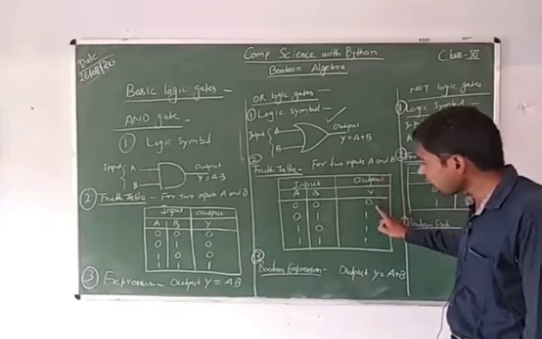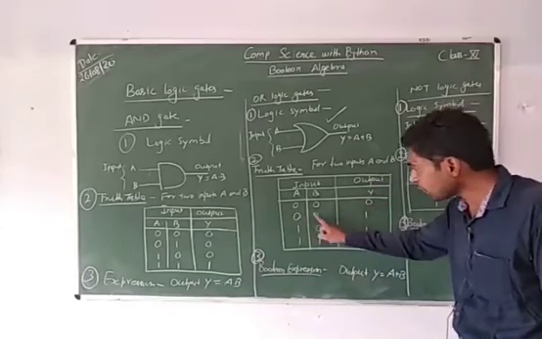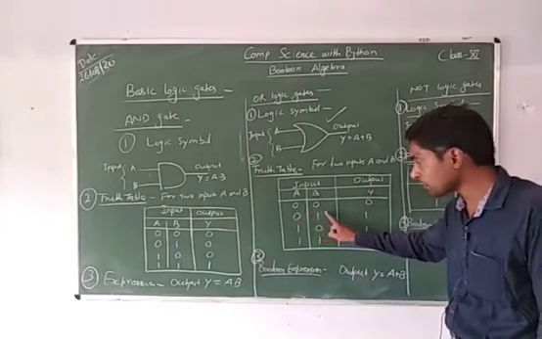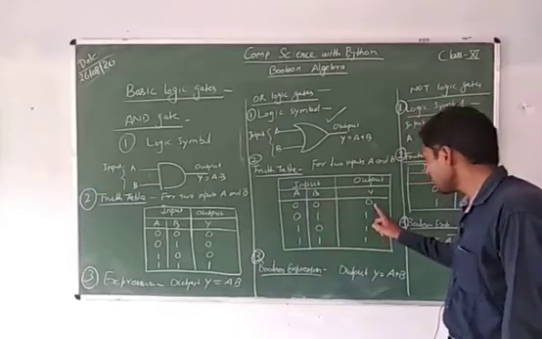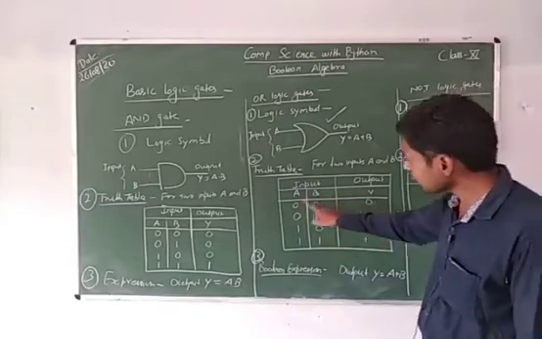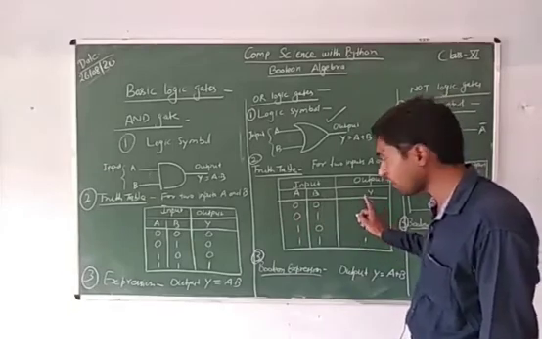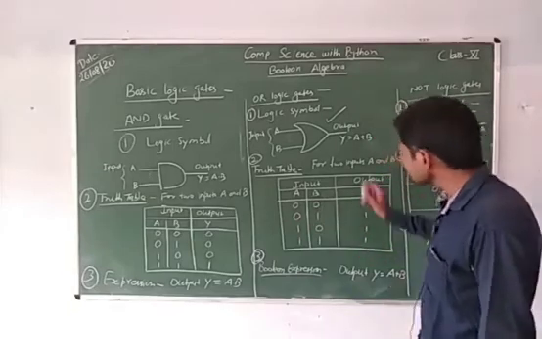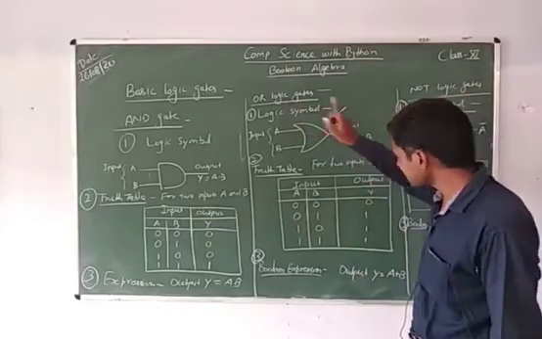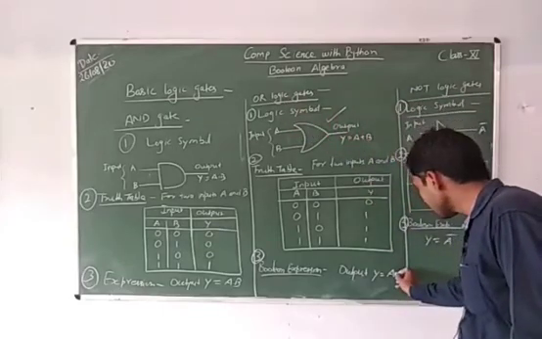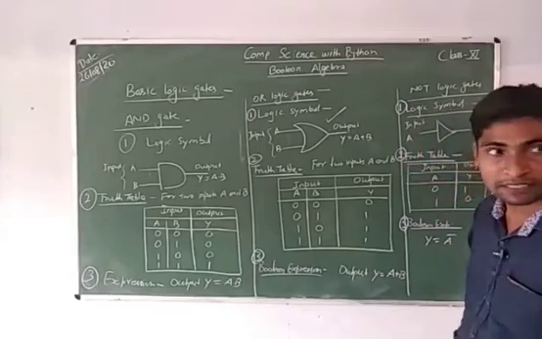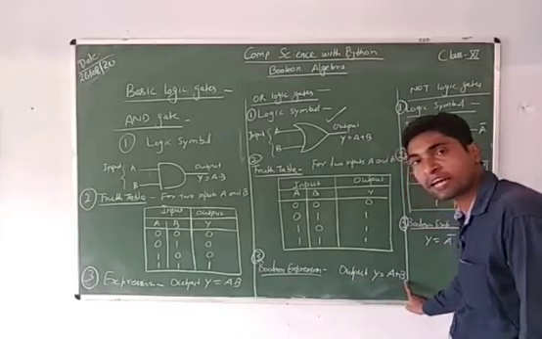The output of OR gate will be 1 if any input is 1. It will produce output 0 only if all inputs are 0. These are the important points, so I am explaining for you. The symbol of OR logic operation is plus. So its expression will be Y is equal to A plus B.